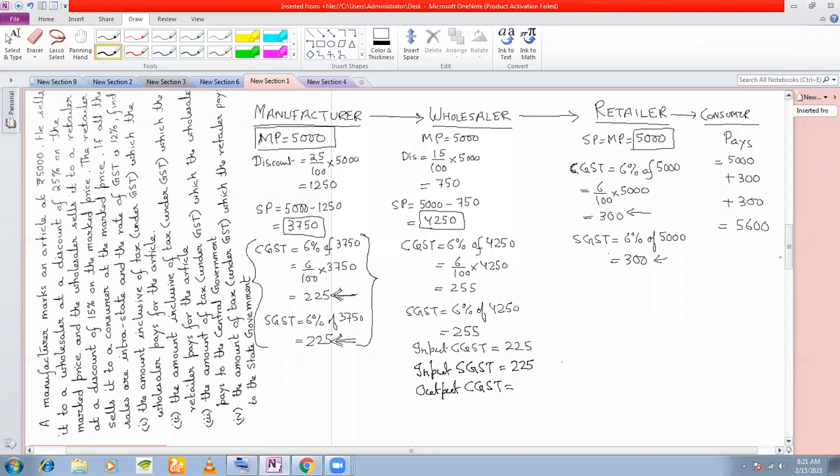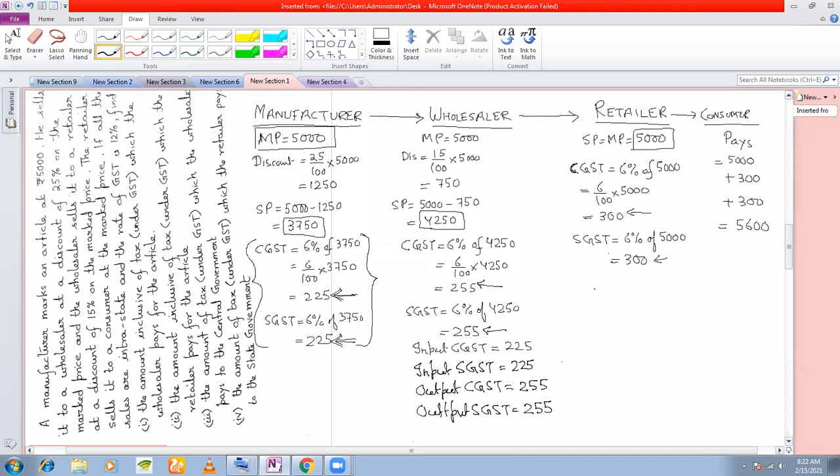And how much is the retailer paying him? He is paying him 225 rupees as taxes for the central government. So this is 255 rupees. And output SGST similarly is 255 rupees.